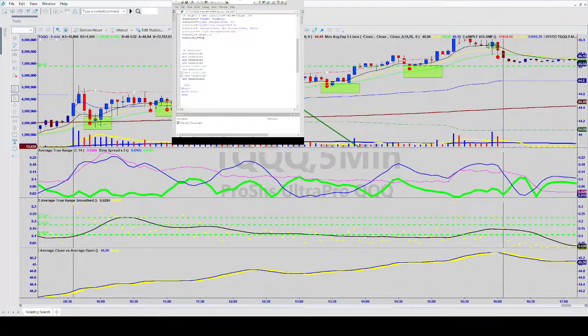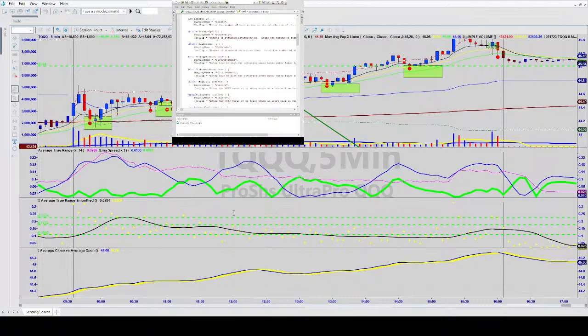I don't know how I would calculate that, 1 plus standard deviation of VWAP outside of the function. Oh, I could always go in and copy it. That's very sneaky.